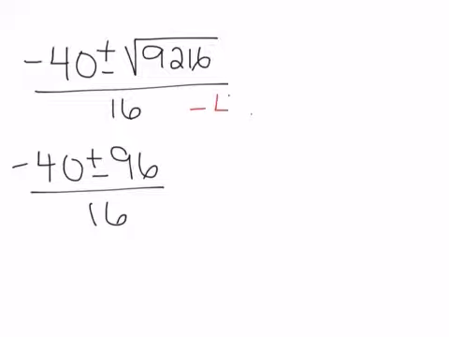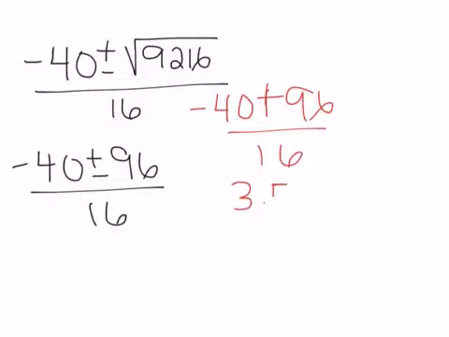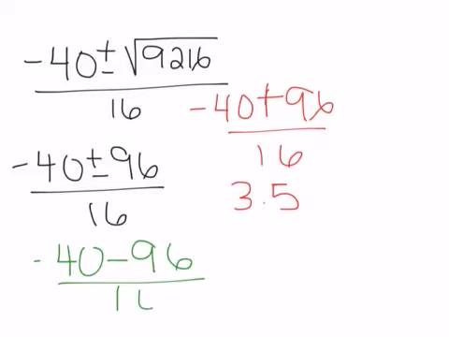We have one that's negative 40 plus 96 over 16. So that one comes out as 3.5. And then the other one is negative 40 minus 96 over 16. And that one comes out as negative 8.5.